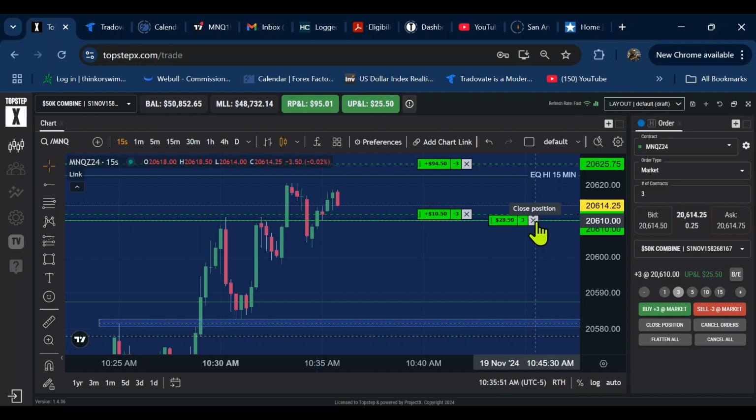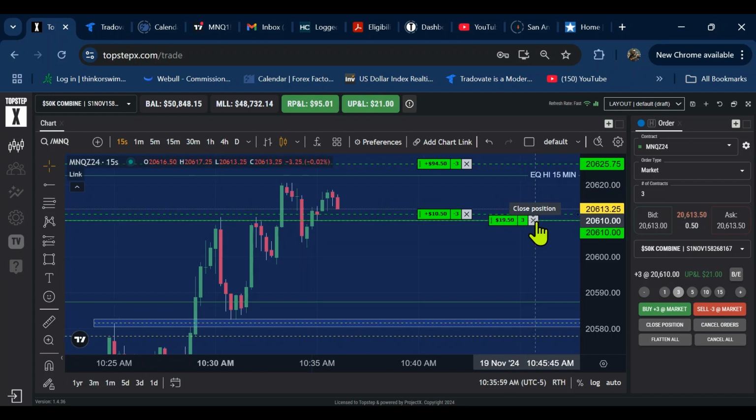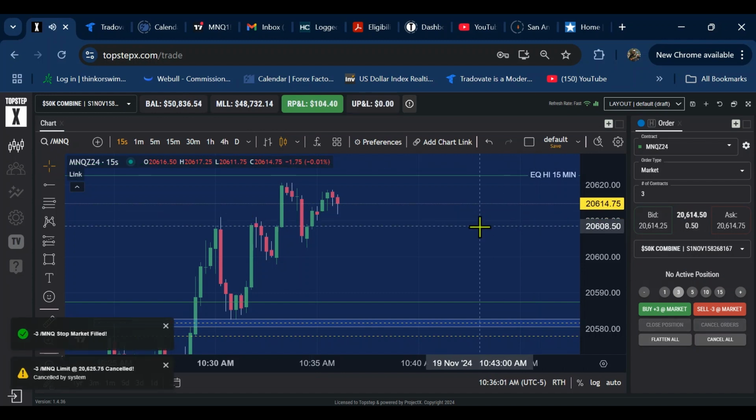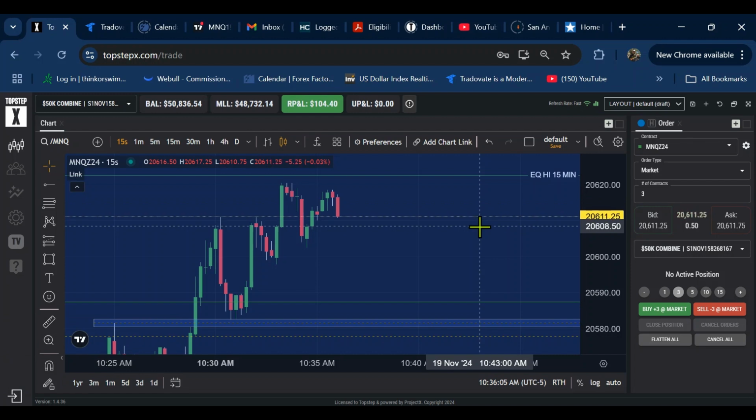See, I don't like the way we're coming back down here. Got about 5 seconds, and I'm going to kill it again. All right, it already took me out. Because I moved my stop there, it's a $10 gain, but it may not hit that level.